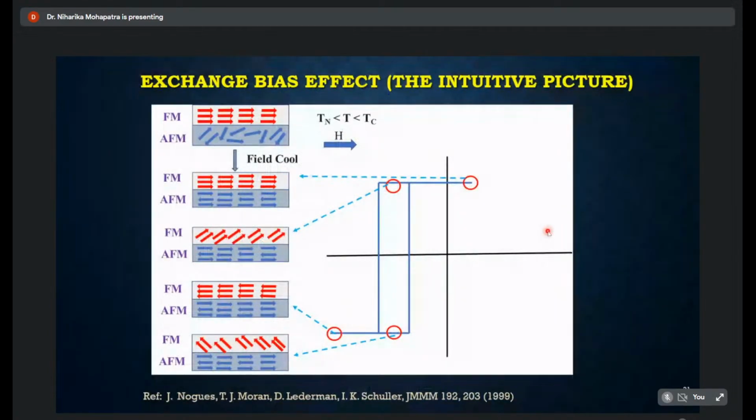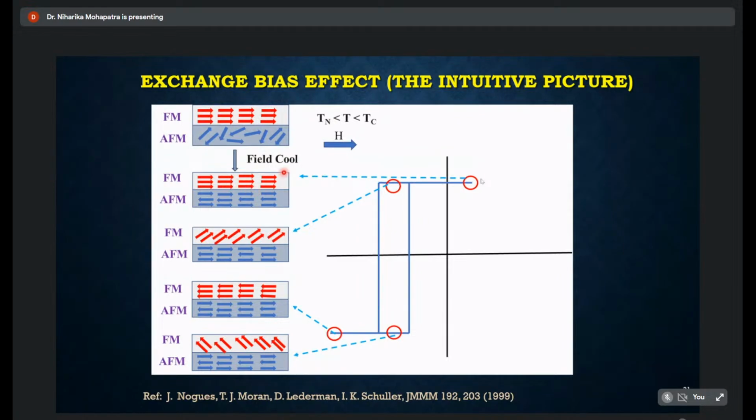So let us try to understand this exchange bias effect from this intuitive picture. This is just an intuitive picture. What happens if we apply the field below the Néel temperature? This is above TN, and applying the field, we went below TN.